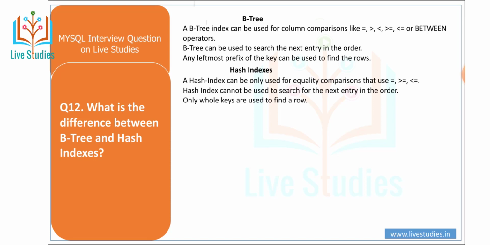A B-tree can be used to search for the next entry in order. A hash index can be used only for equality comparison. A hash index can't be used to search for the next entry in order. With a B-tree, any leftmost prefix of the key can be used to find the row. With hash indexes, only the whole key is used to find a row.